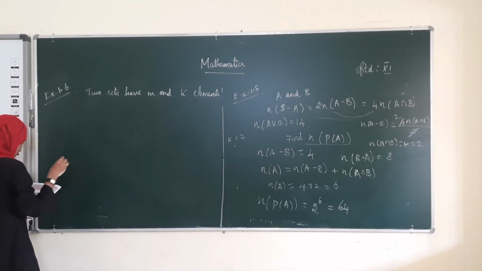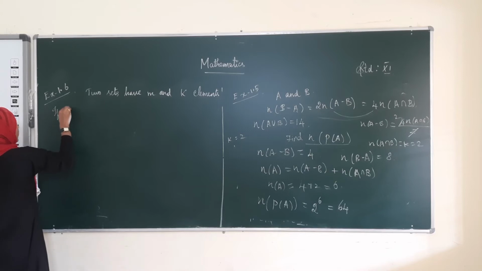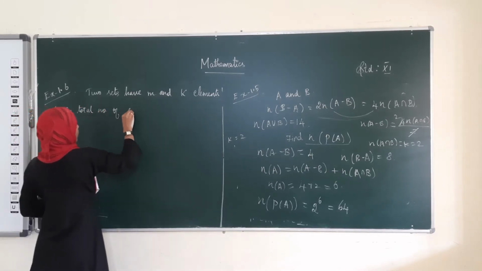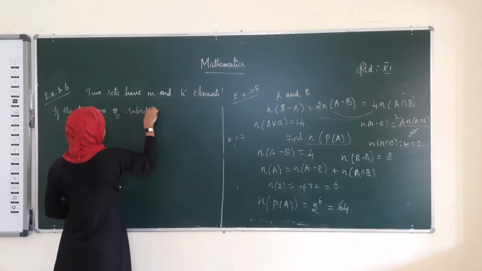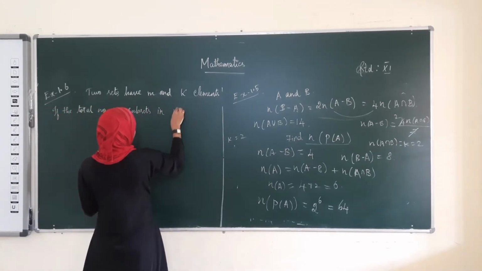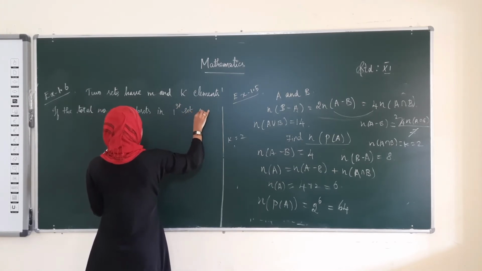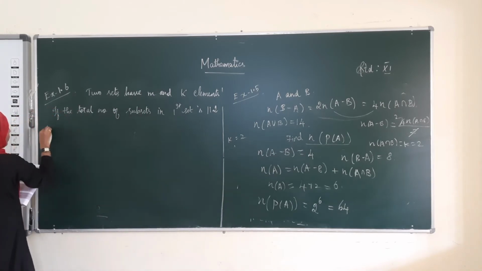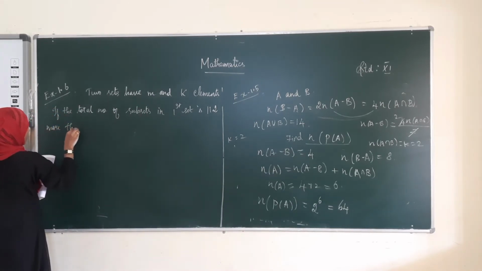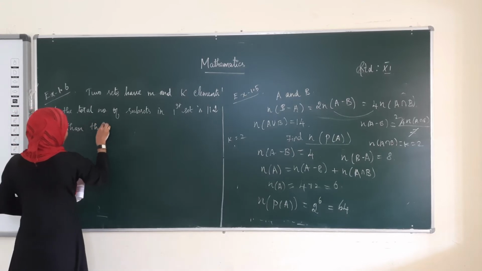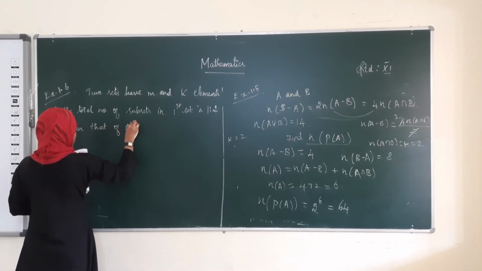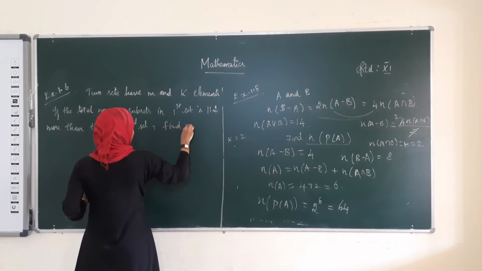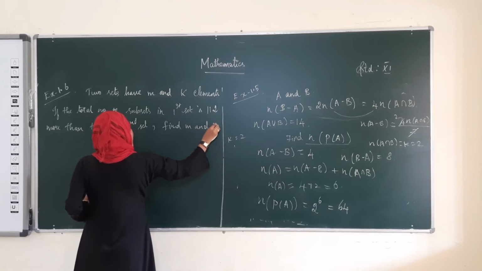If the total number of subsets of the first set is 112 more than that of the second set, find M and K. They have given a condition.